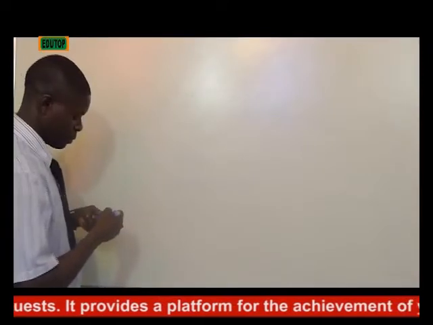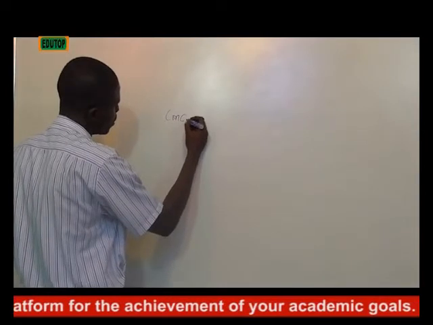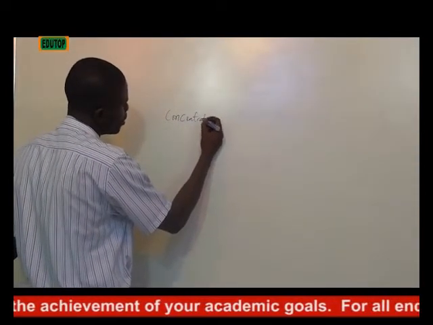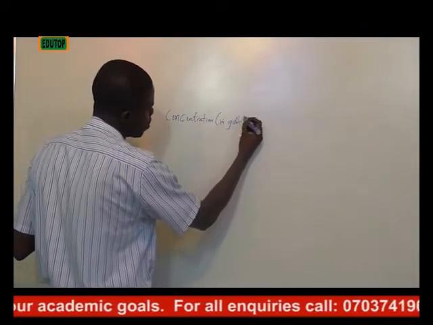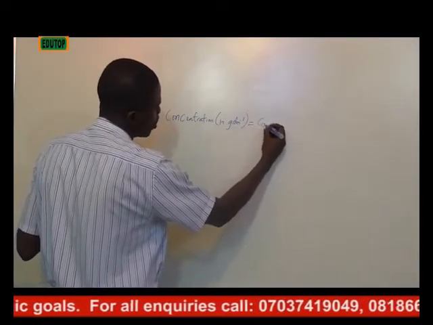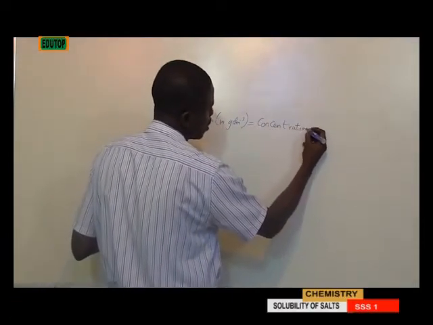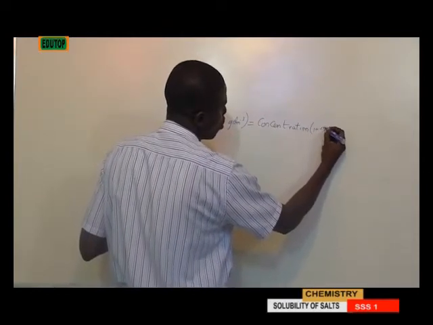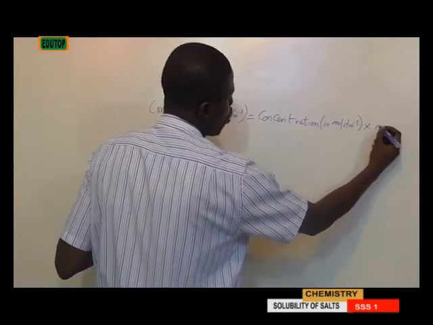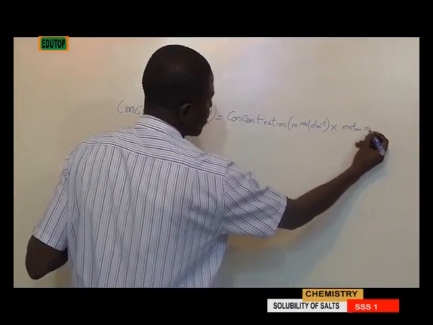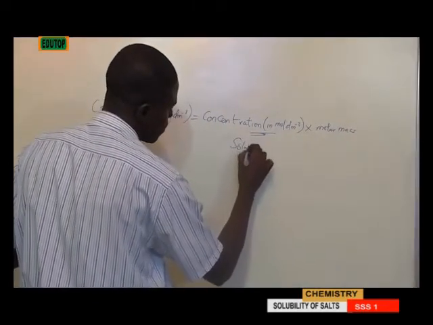So the formula: concentration in gram per dm cube is equal to concentration in mole per dm cube times molar mass.